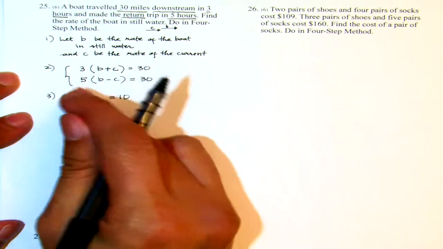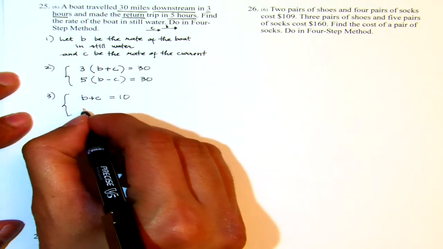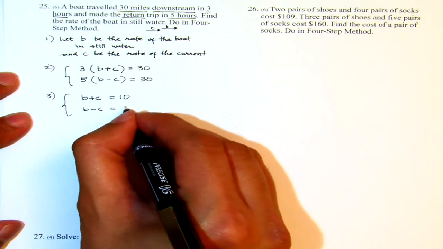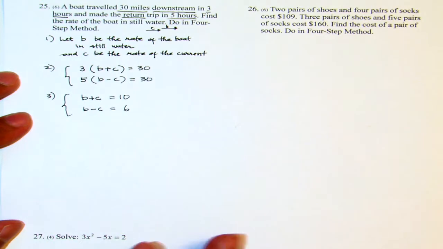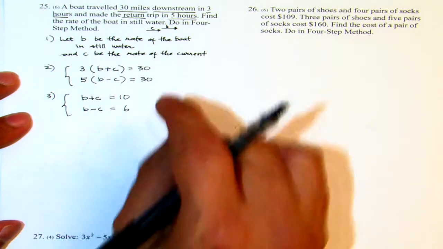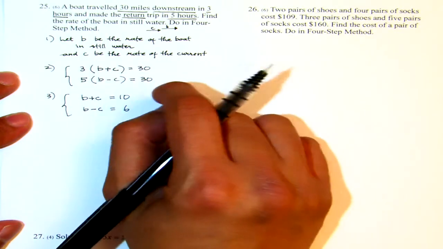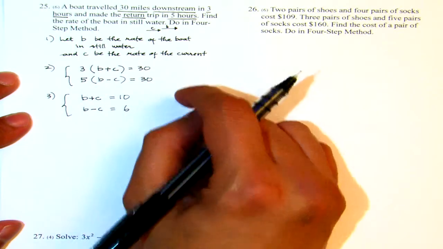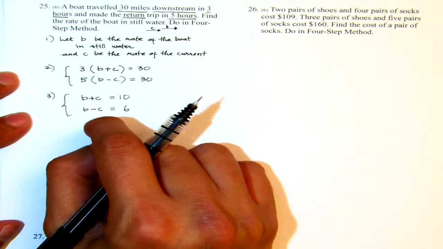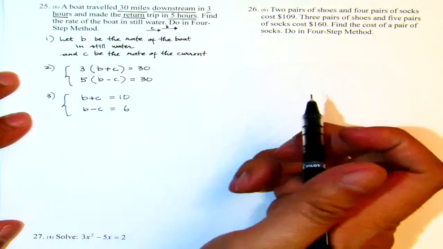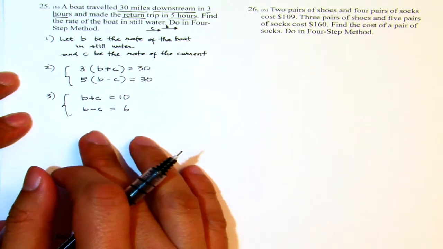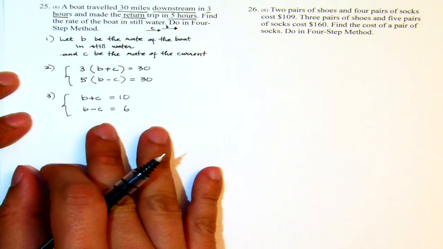Likewise, the second equation, 5 times something equals 30 means that thing, B minus C, is 6. Okay? So what happened is this. Instead of doing distribution and later on needing to eliminate B or C, we divide the first equation by 3 both sides and the second equation by 5 both sides. It gives us a lot nicer structure in which it's easier for us to solve from here.